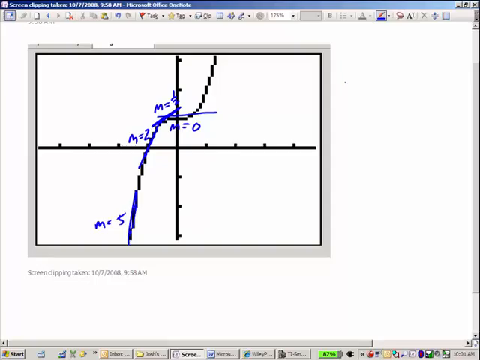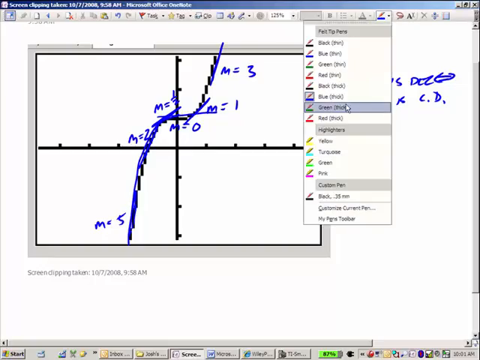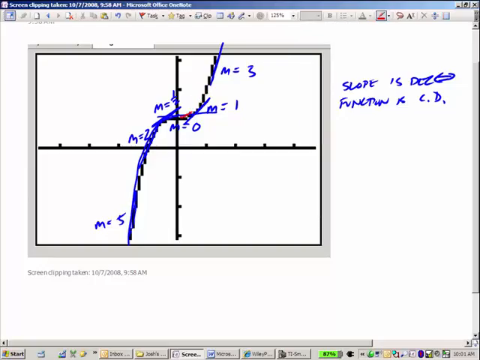If the slope's decreasing, the function is? Okay, so when the slope is decreasing, that means that the function is concave down. So for this piece, the function's concave down. Watch what happens now. What's the slope now? For the red part, I would say the slope is increasing.